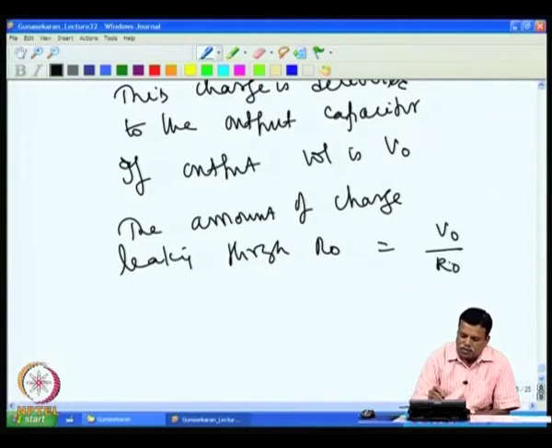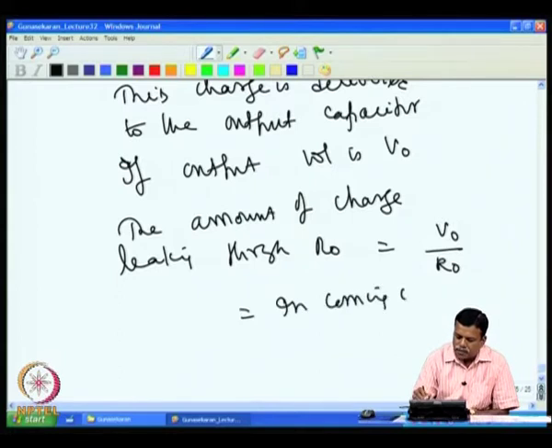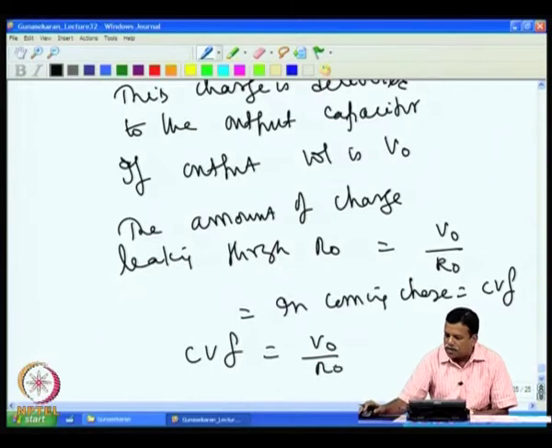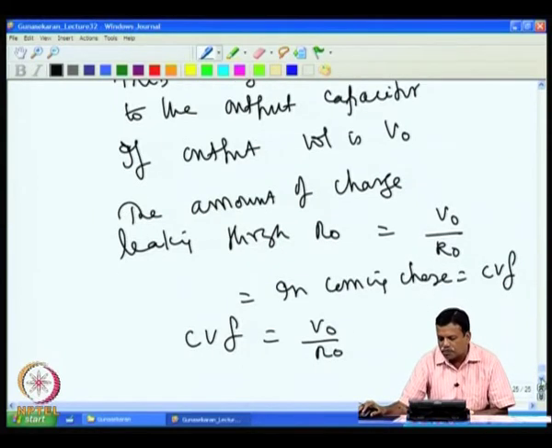This must be equal to the incoming charge, that is equal to CVF. So, essentially CVF becomes V 0 by R naught. So, you will get output voltage in terms of capacitance.